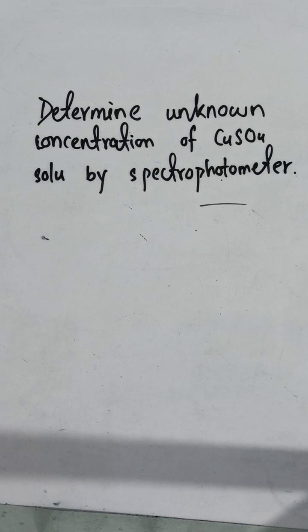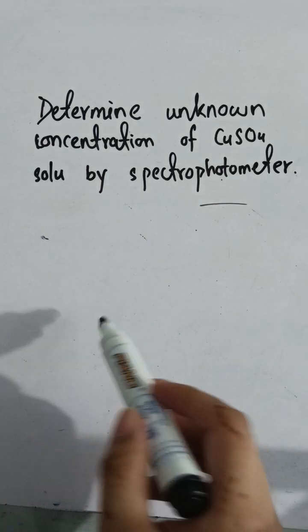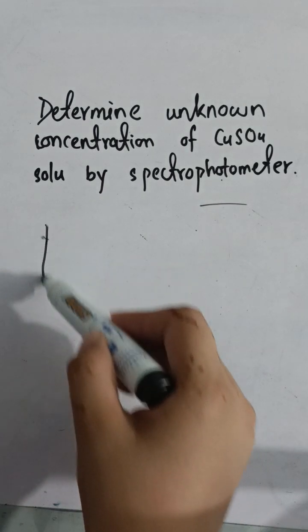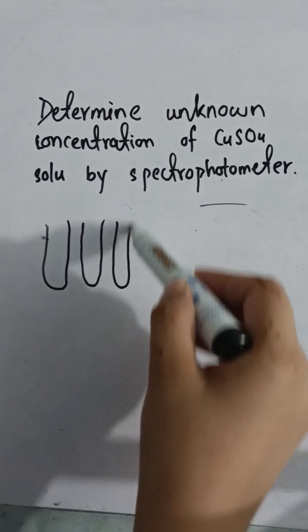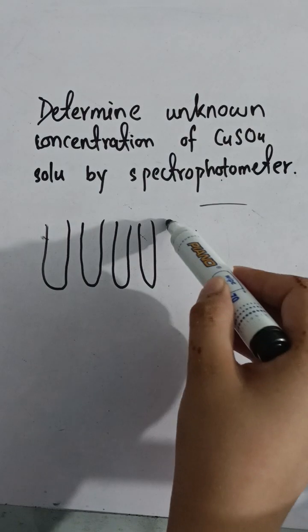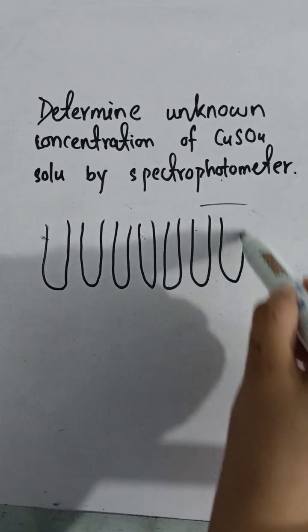So first of all, you have to prepare 20, 40, 60, 80 and 100 ppm CuSO₄ solutions. So you will make different concentrated CuSO₄ solutions. You will take at least 6 to 7 test tubes. So this is 1, 2, 3, 4, 5, 6 and the 7.